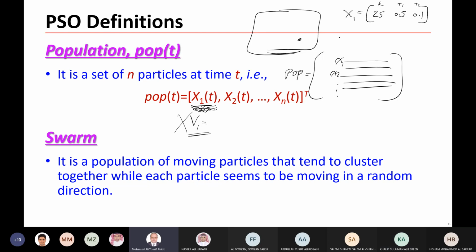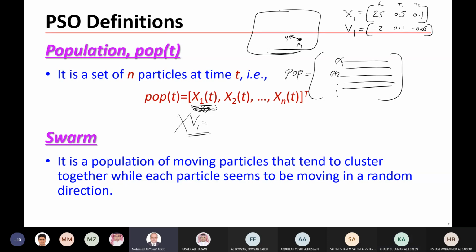Okay, this is x1. And the velocity of this particle is, for example, -2, 0.1, -0.05. Okay, so you have a velocity, and this is v1 and this is x1.